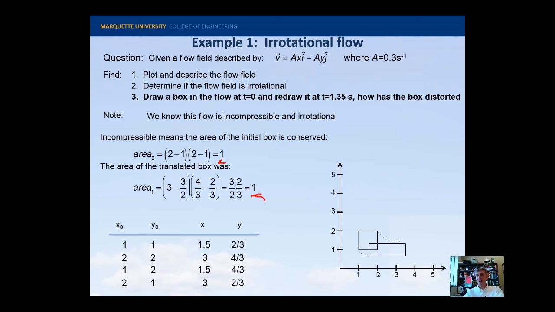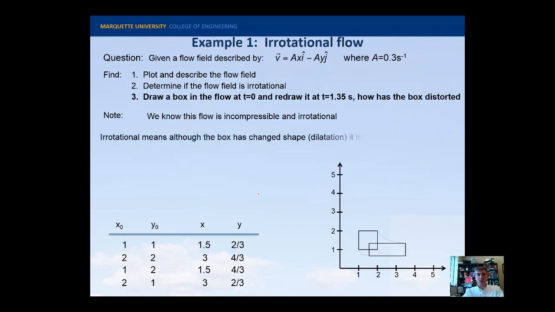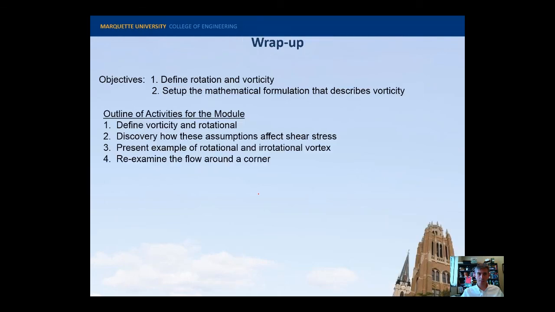So although the box has translated and distorted, it has not changed its rotation, nor has it changed its area. So we would call this just pure dilatation, just the fact that this box has stretched. In continuum mechanics, this would be just pure dilatation, and it has not rotated.